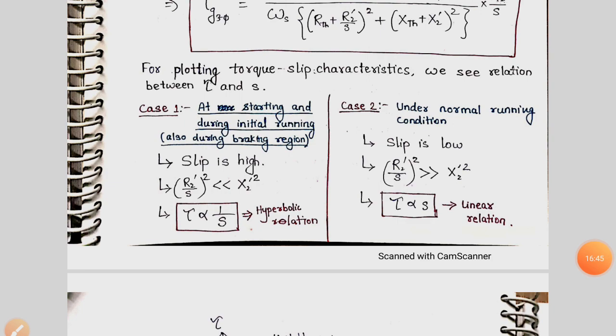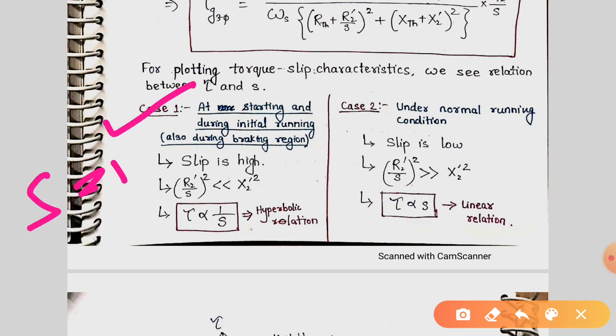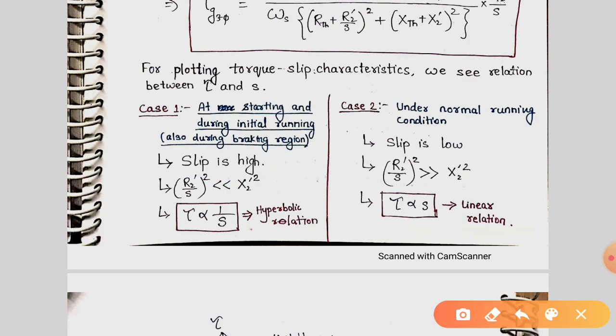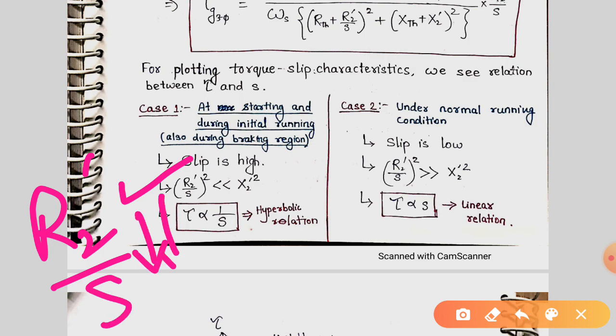Now let's see the relation between torque and slip so that we get a plot between the torque and slip. Now if we see the condition at starting, the slip is equal to 1. At starting, or just after starting, when the motor is running in its initial phase, the slip is equal to 1 or very close to 1. Under this condition slip is very high, so R2 dash upon S is very small initially.